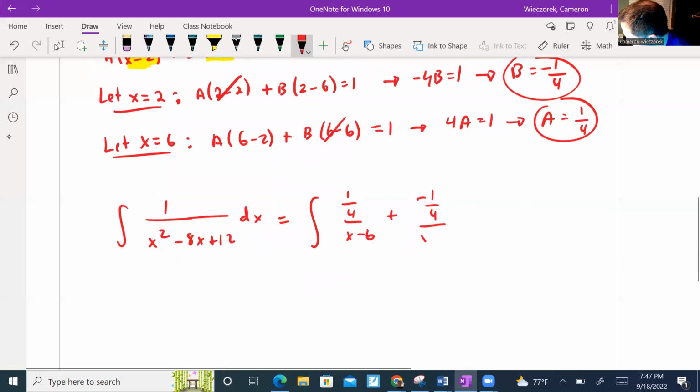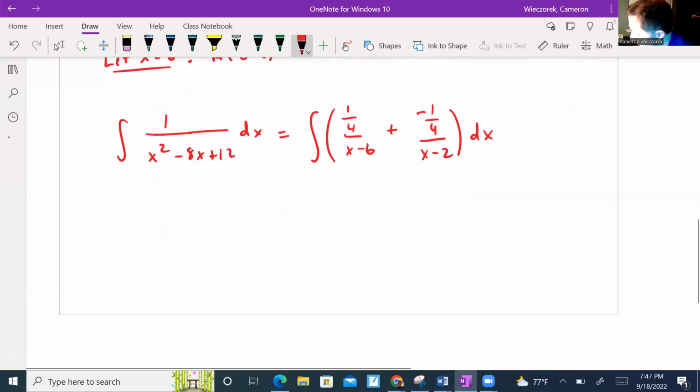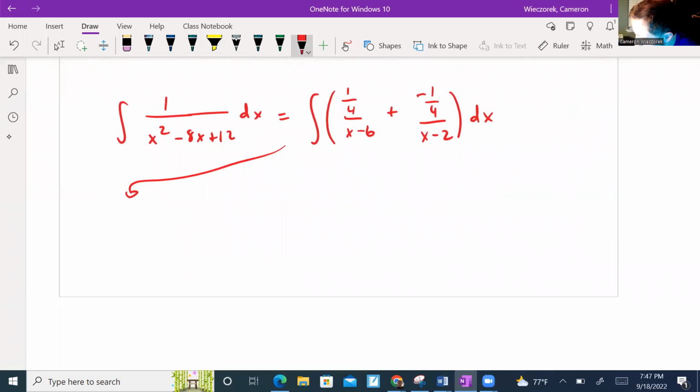I'm going to put this in a giant set of parentheses, dx. I'm going to pull the 1/4 out front. So coming over here, this gives me 1/4 times the integral of 1 over x minus 6 minus 1 over x minus 2 dx.